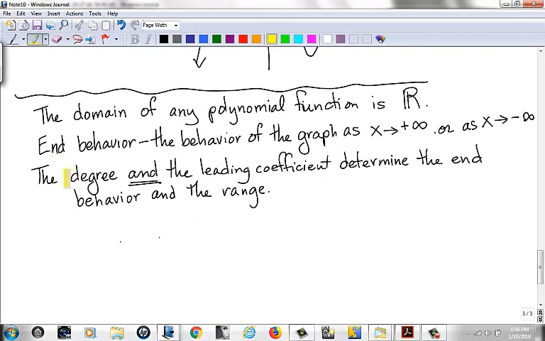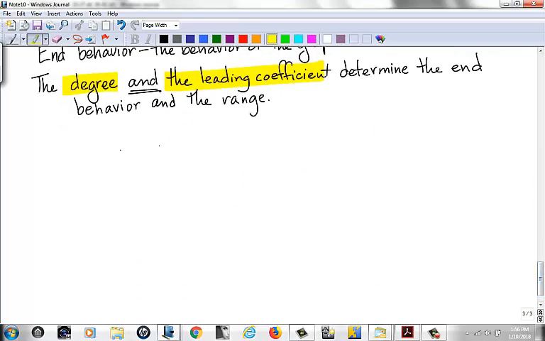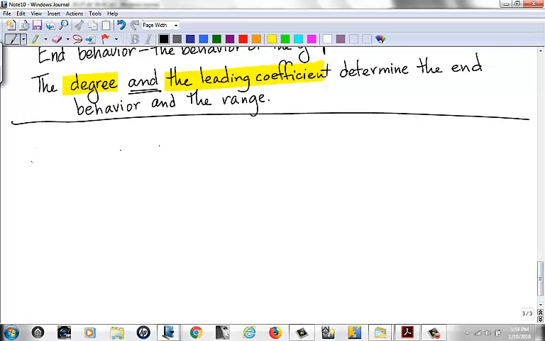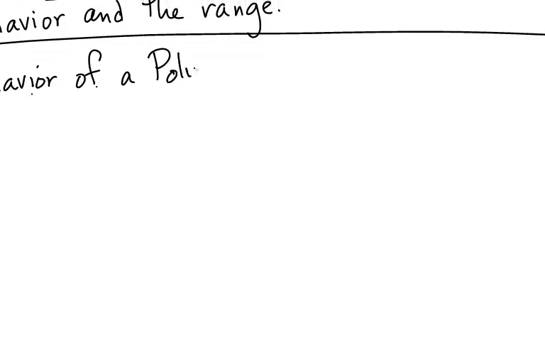Two things, the degree and the leading coefficient determine the end behavior and the range. Okay, now I'm going to go through a graph for the end behavior in general, the end behavior of a polynomial function.